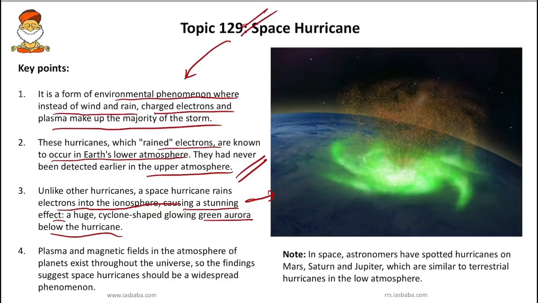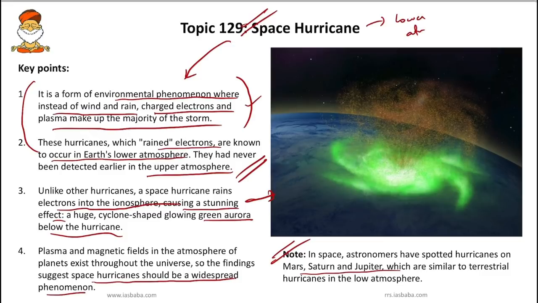After this research, scientists have suggested that space hurricanes are widespread phenomena, and astronomers have already spotted such space hurricanes on Mars, Saturn, Jupiter, etc. For prelims, just know that a space hurricane is nothing but an environmental phenomenon where instead of wind and rain, we have electrons and plasma. And the second important point is it can occur both in the lower atmosphere as well as the upper atmosphere.